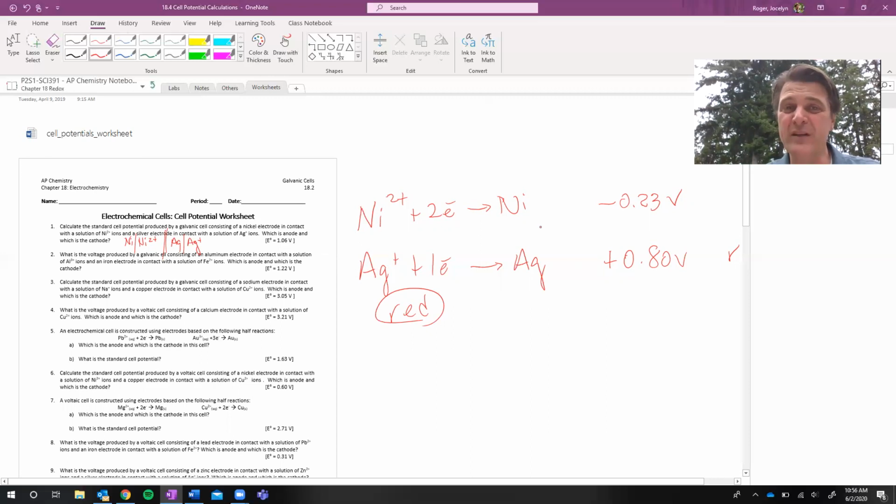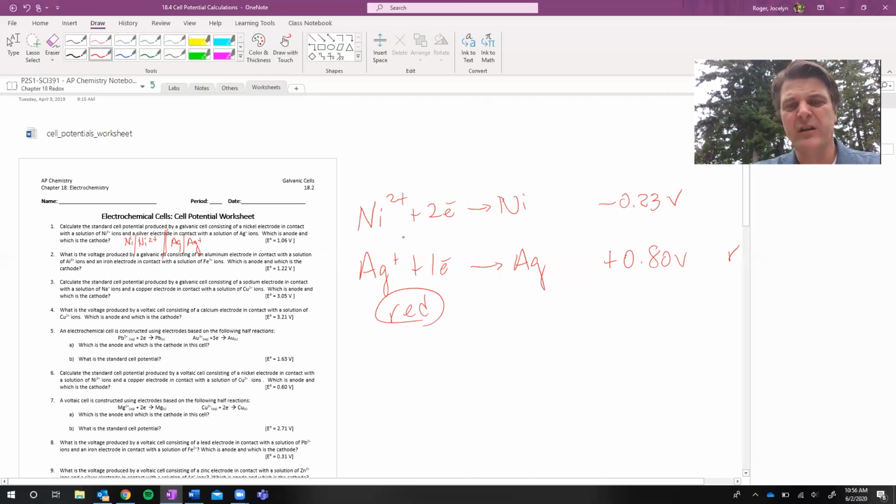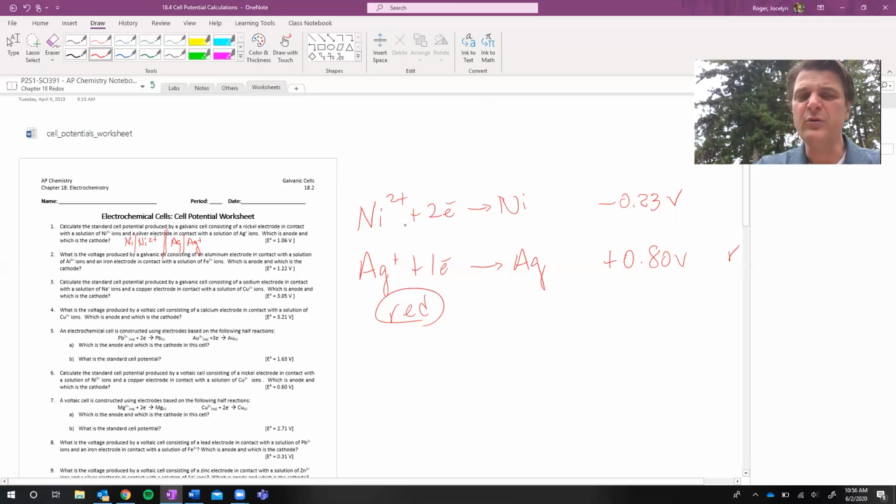Going back to a couple minutes ago, the silver+ is therefore the oxidizing agent, right? It's being reduced, so it causes the oxidation. The other reaction will have to be the oxidation. So the nickel half will have to be the oxidation. So we're going to write the nickel half in the oxidation form.